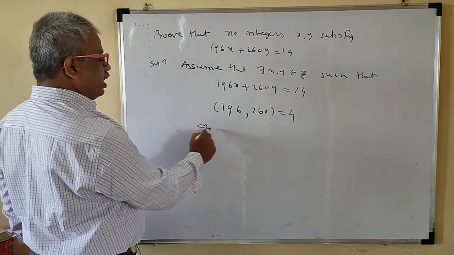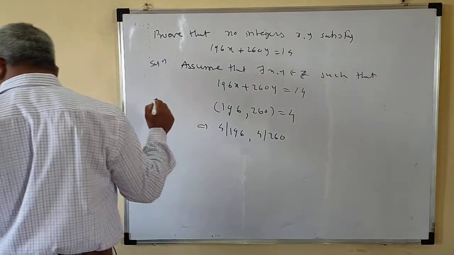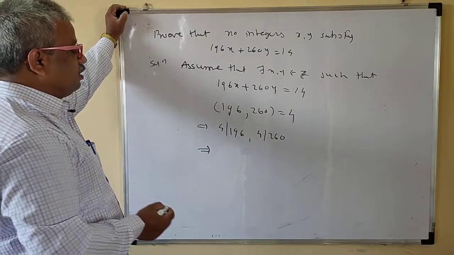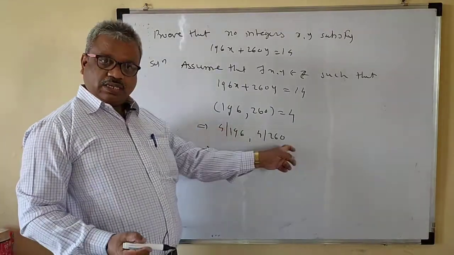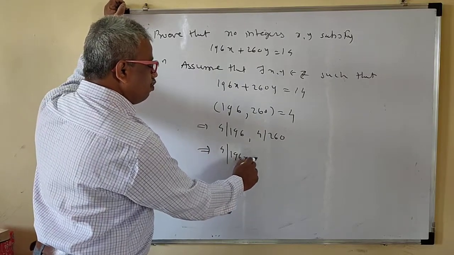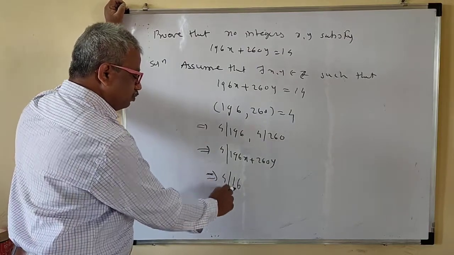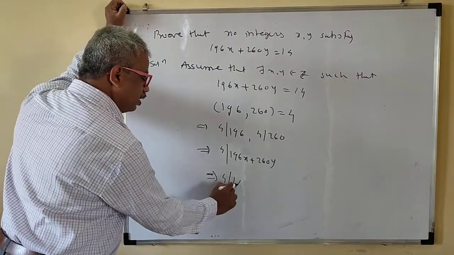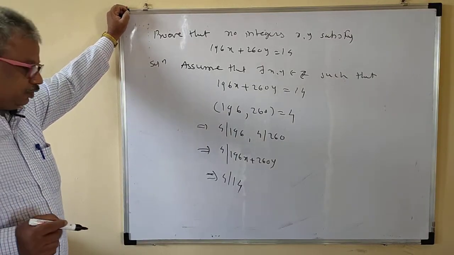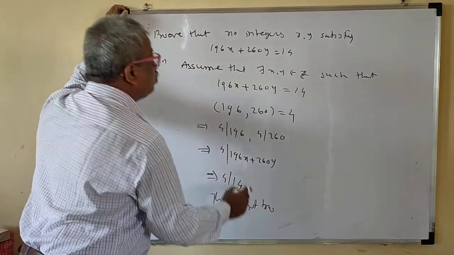So 4 divides 196, 4 divides 260, that means 4 divides the linear combination 196x plus 260y. So what does this imply then? 4 divides 14. Is it true? This is not true.